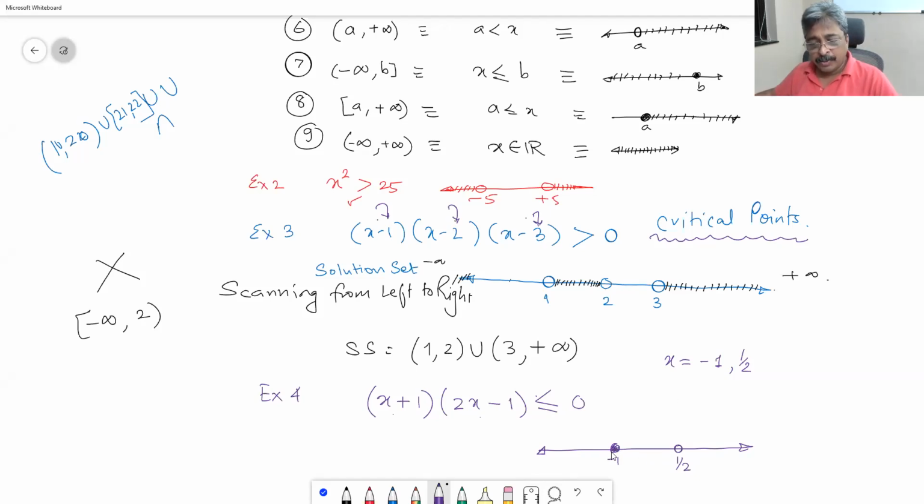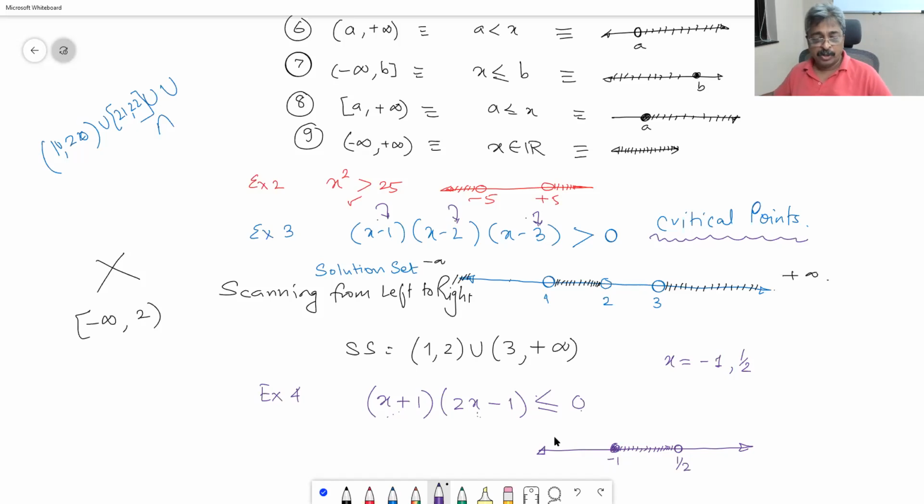I take any value between minus 1 and half. Easy value is 0. Product of 1 and minus 1 is negative, less than 0. Yes, it is not equal to 0, but it is less than 0. So the inclusive sense of R makes all points between minus 1 to half part of the solution set.